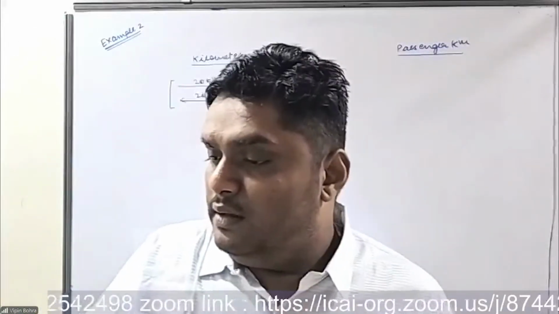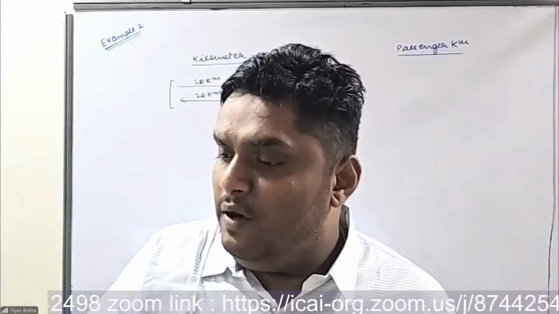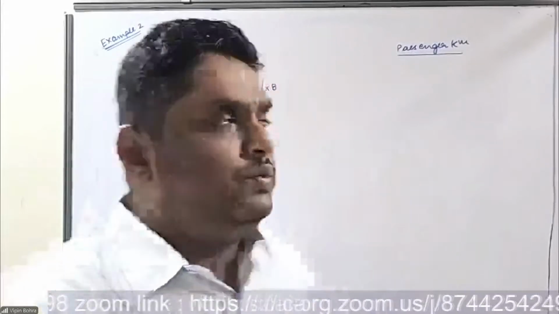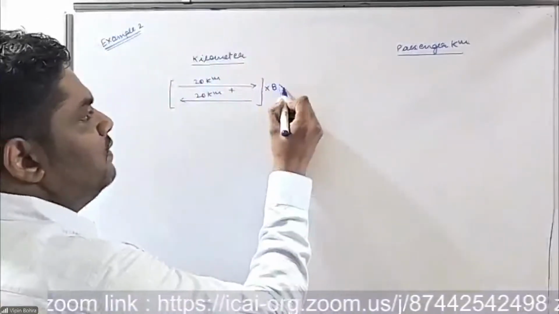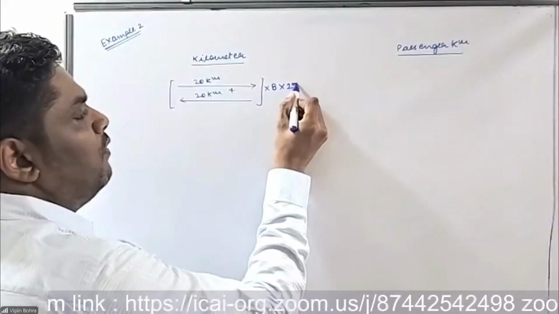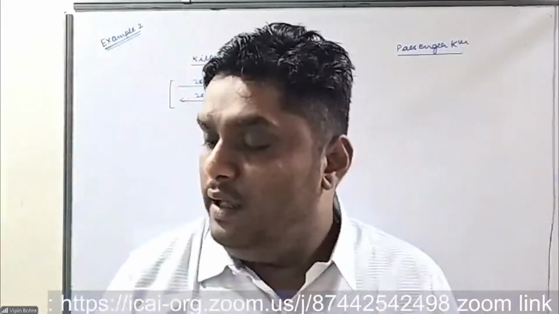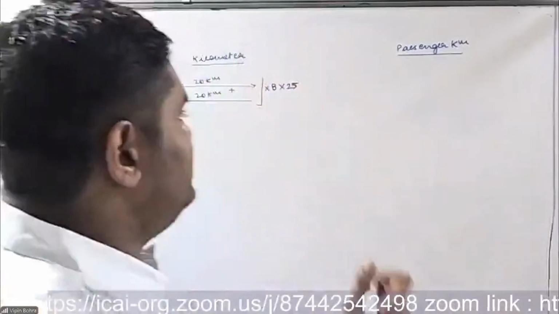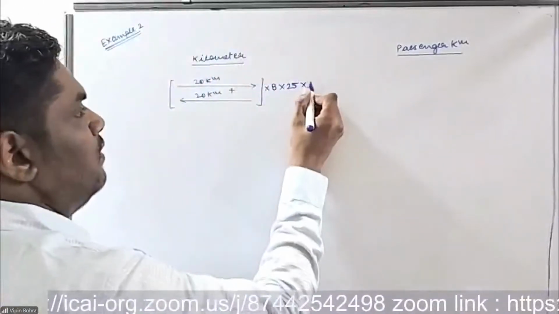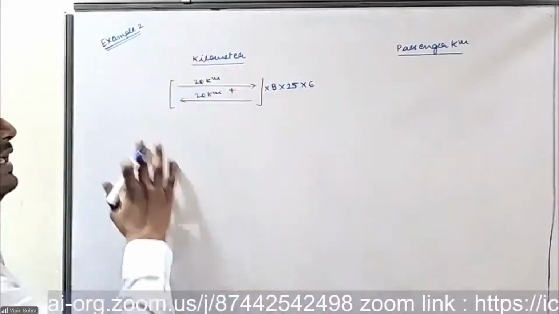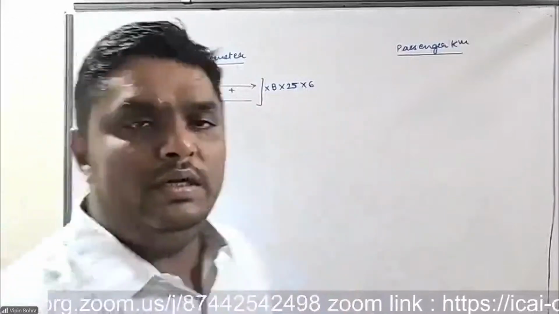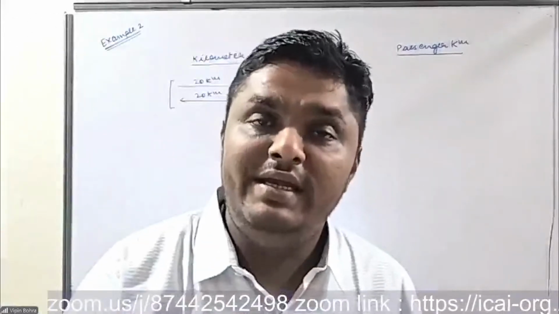Further, the number of days operating in a month is 25. So they are operating 25 days in a month, and the total number of buses is 6. So this is the data for a month: 40 kilometers, and a bus is traveling 8 times in a day.